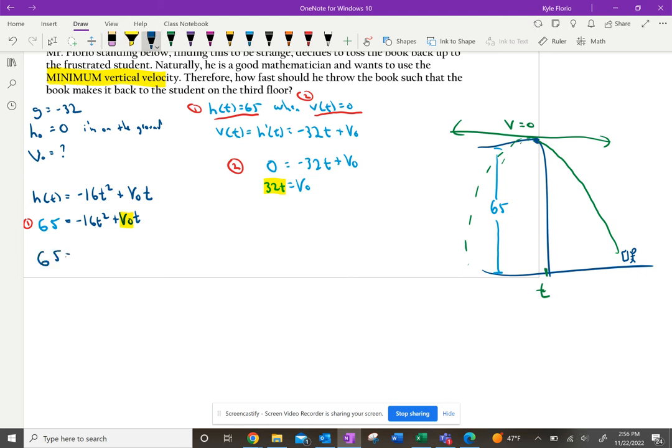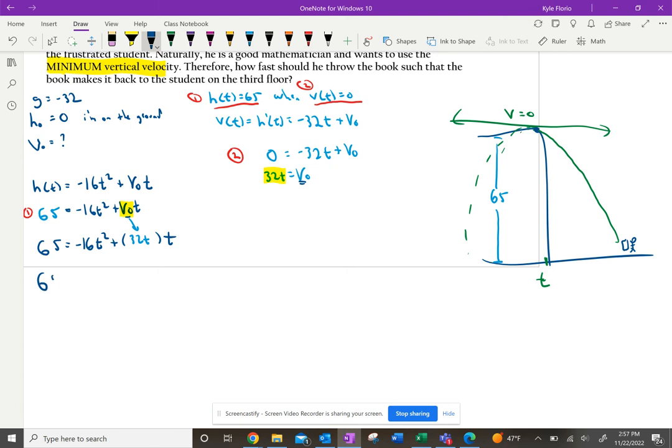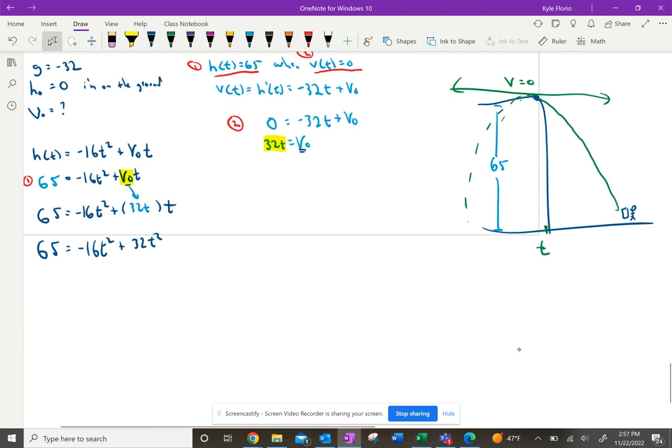So 65 is equal to negative 16t squared plus my initial velocity, which is 32t, times time. So 65 equals negative 16t squared plus 32t squared.